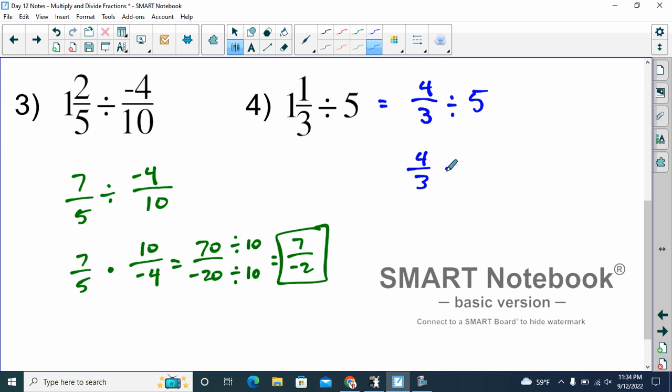Change division to multiplication and flip. I just have 5. How do I flip a 5? Remember, 5 is the same thing as 5 over 1. So now I can flip. 4 times 1. 3 times 5. Reduce if we can. There is no common factor there.